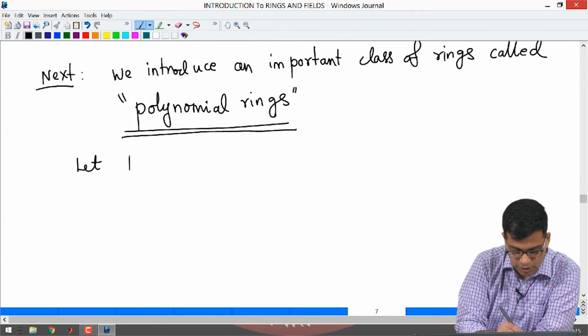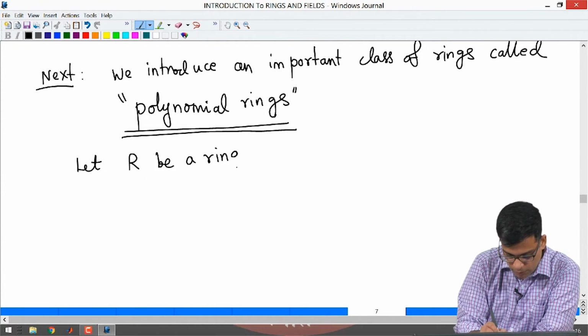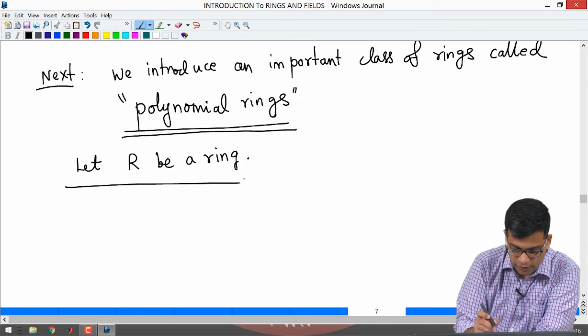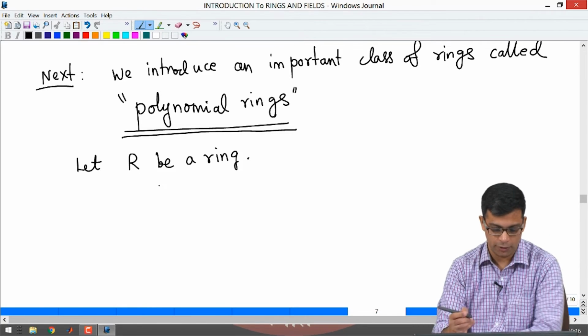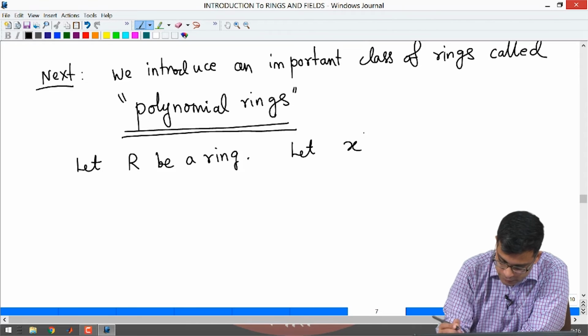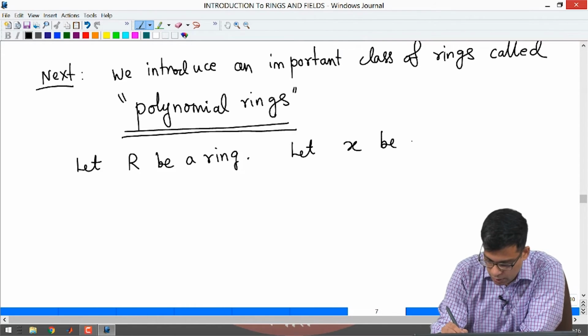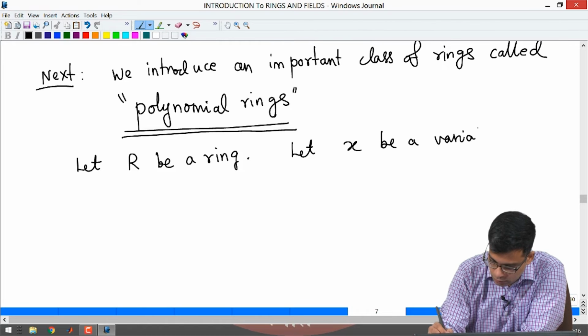So, polynomial rings can be defined over any base ring. So, any starting point. So, we will start with a ring R. So, let R be a ring and we use a symbol called x. Okay, this is just a symbol. So, let x be a variable or just a symbol.